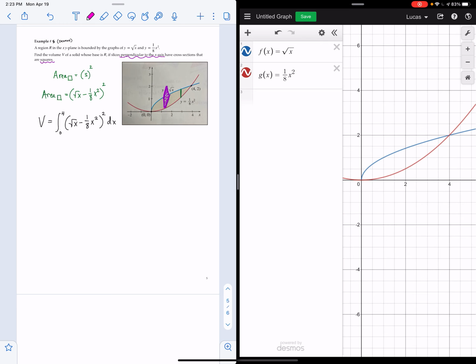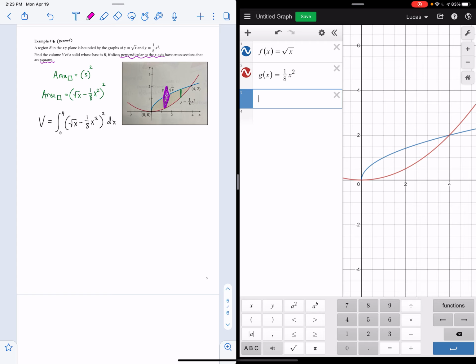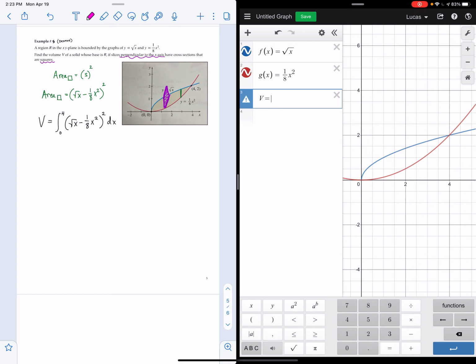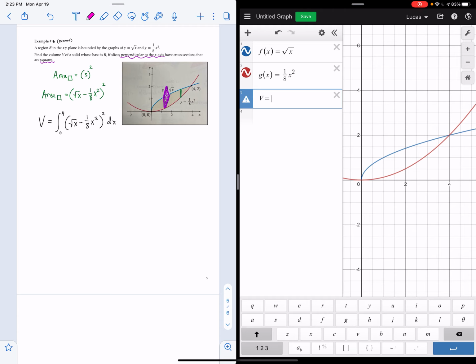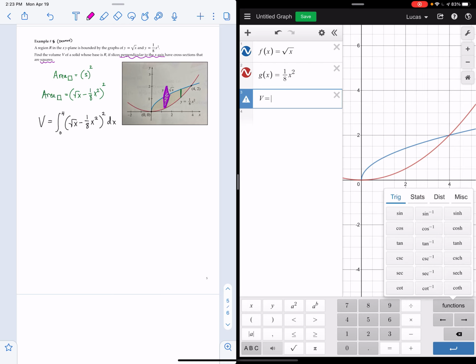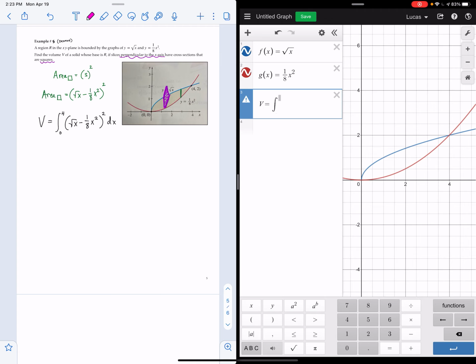And we are just going to set up this exact integral that we found. So we can actually type in this entire situation. Capital V equals. The integral function, you can either go to the keyboard and type in int, or you can go to functions, miscellaneous, and there's our integral symbol here. We're going to go from 0 to 4.